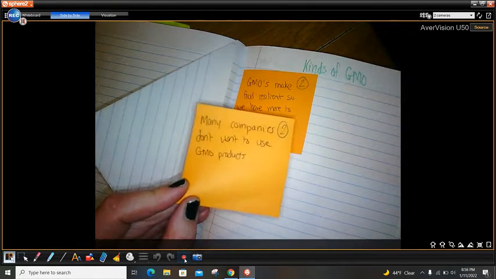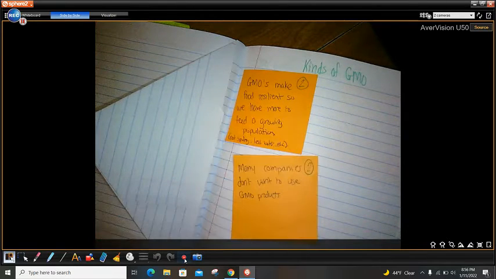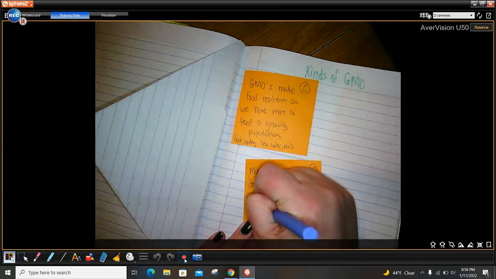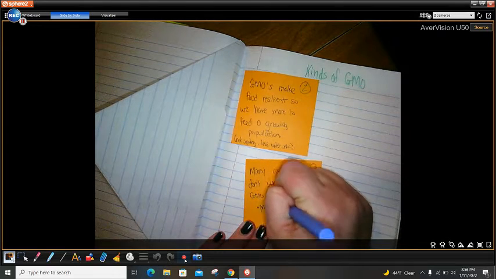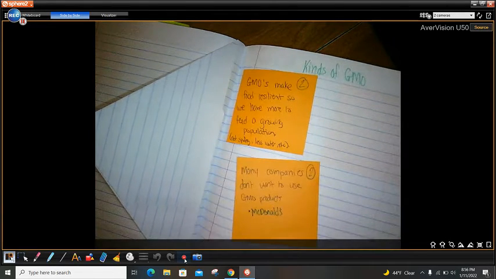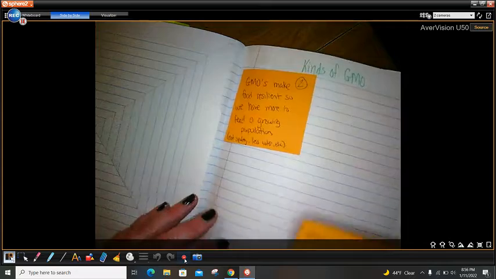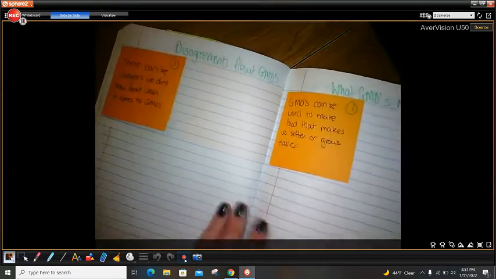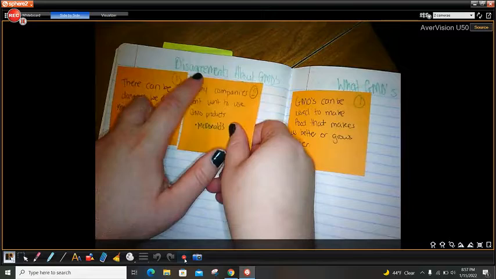Many companies don't want to use GMOs, and I'm going to put on there McDonald's, because that should be a red flag, because McDonald's is not really known for having quality food. So I'm going to put that one under disagreements about GMOs.